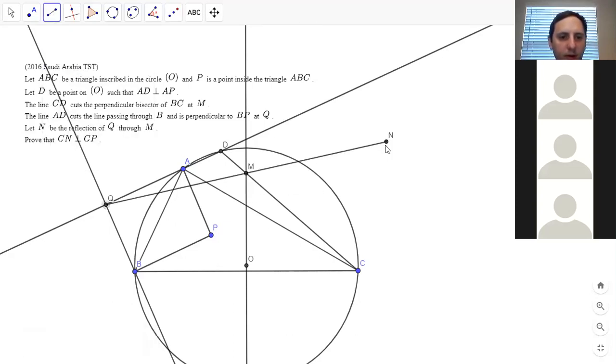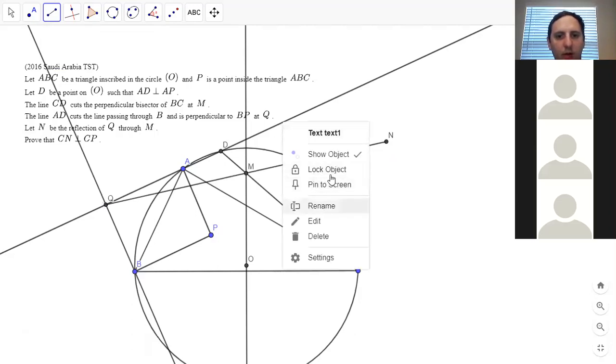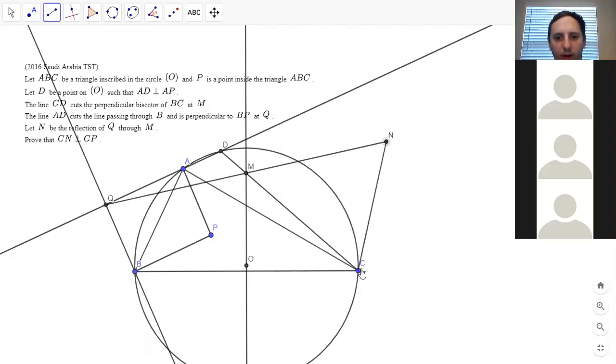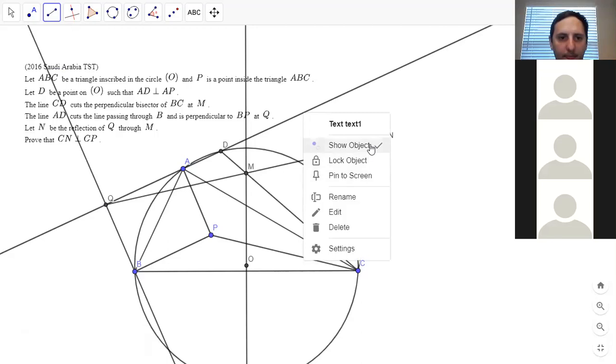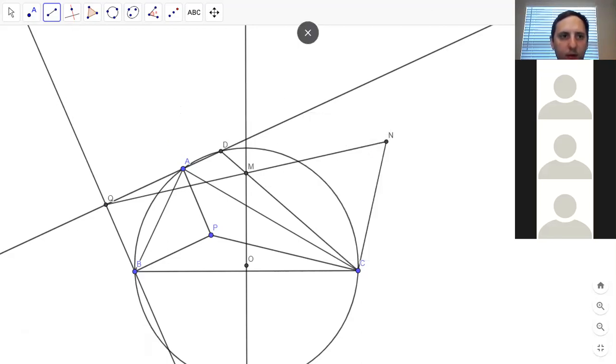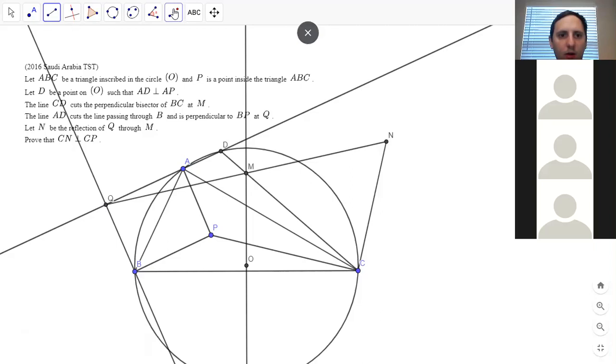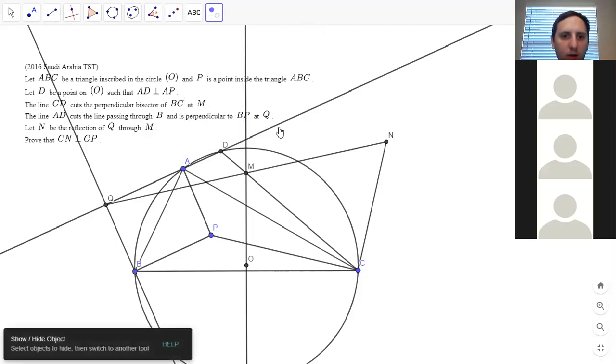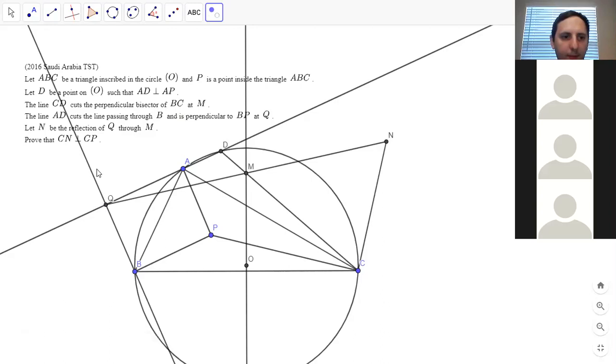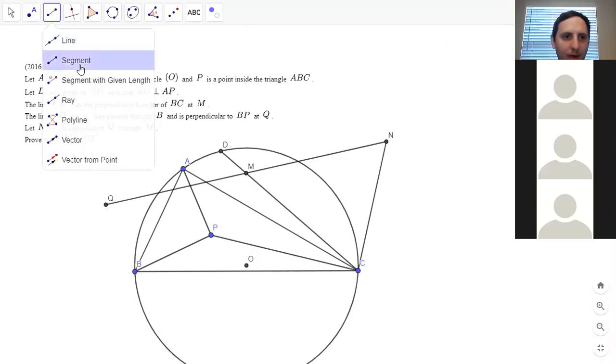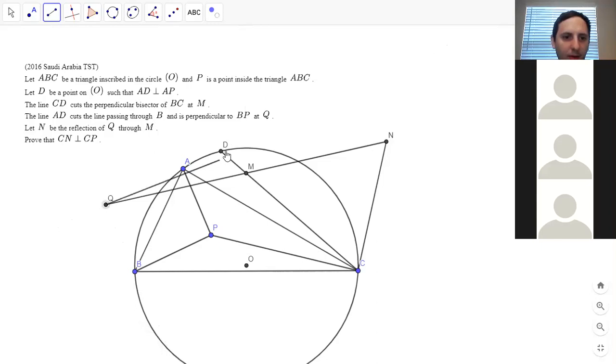All right. So let me first draw CN and CP. We want to show that's a right angle. Then QA and D, and then we just draw QB.